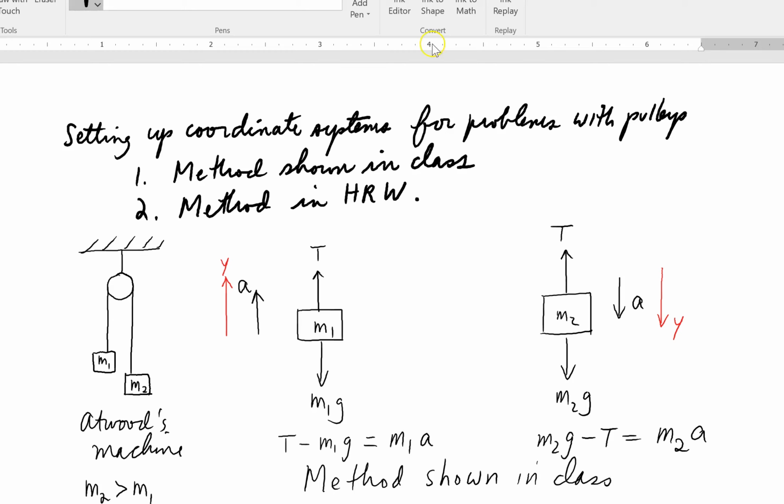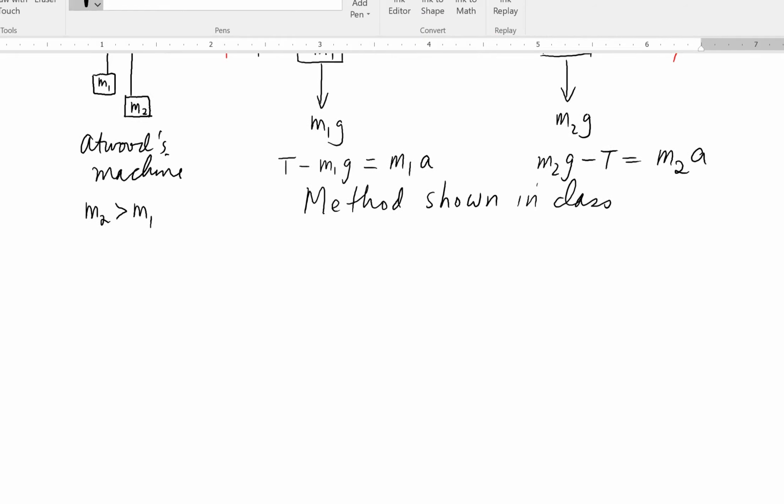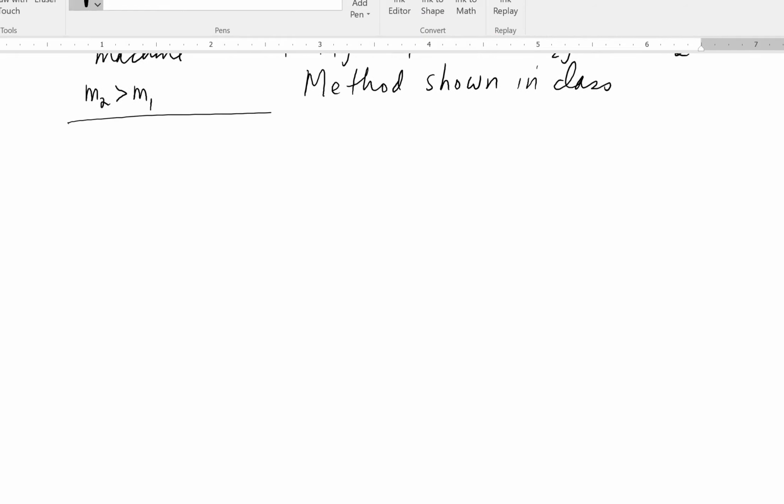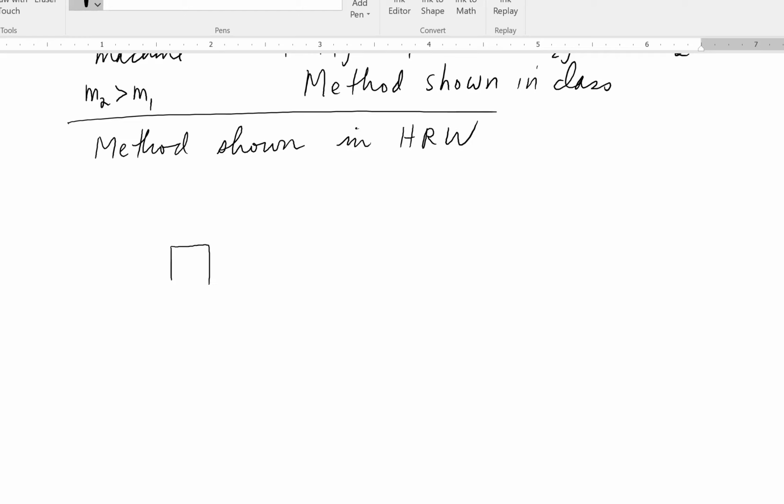Now, there's another way you can do this, and this is the method shown in the book. It's also very common. Okay, and what you're going to do is start with the free body diagram. They look exactly the same as before.